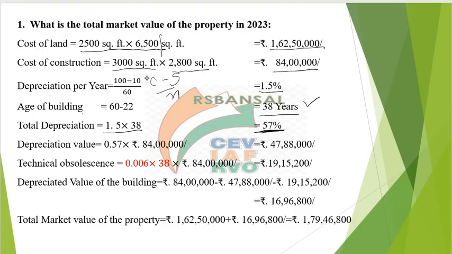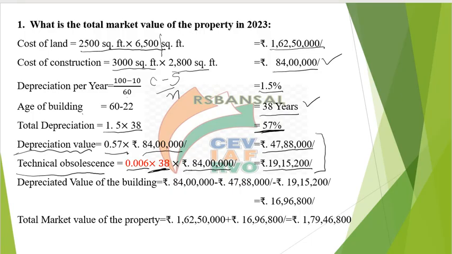So depreciation value will be 0.57 multiplied by 84 lakh, which is 47 lakh 88,000. Technical obsolescence is given as 0.60%, meaning 0.006 multiplied by the age of the building, 38, multiplied by the replacement cost of 84 lakh. It is 19 lakh 15,200.